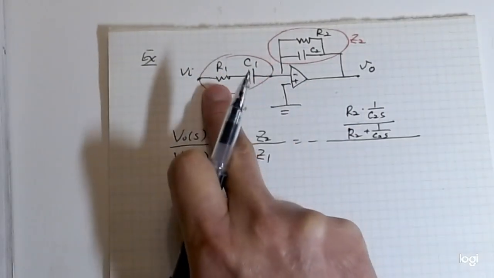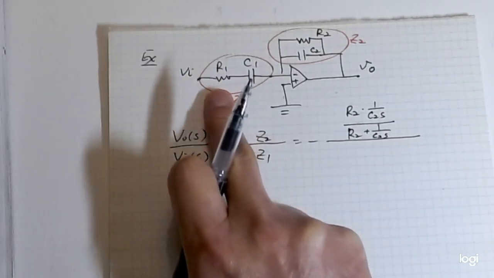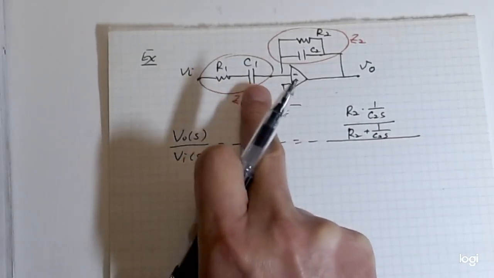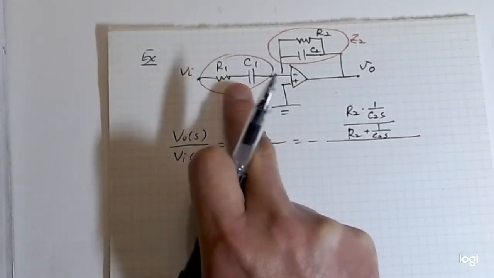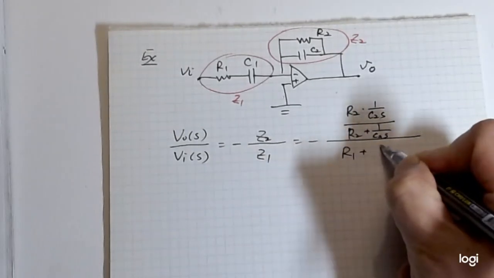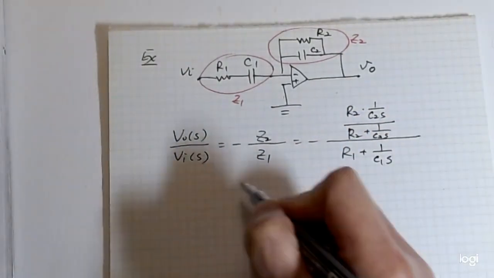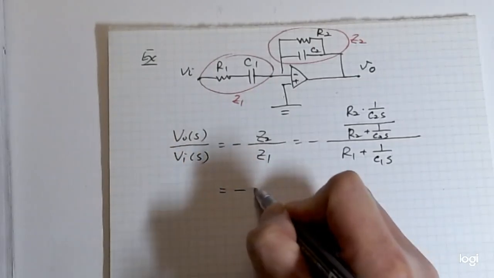These are the equivalent ones. Two impedances in series should be added together, so R1 plus 1 over C1S. Okay, so if we further simplify, it will be minus.